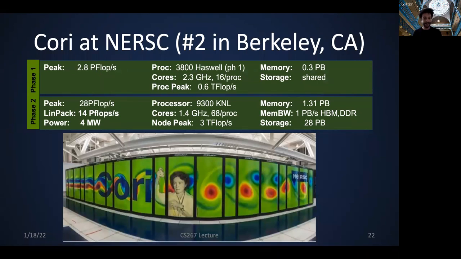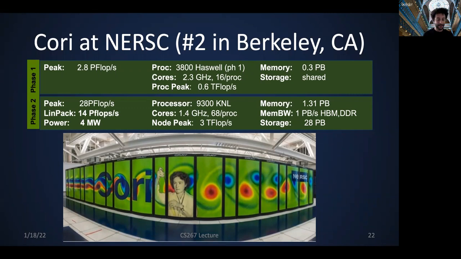The Cori NERSC machine that you're going to be using is not even #1 in Berkeley. I used to say #1 in Berkeley, but we now have Perlmutter. It's #1 in Berkeley among the ones the public can access today. And it has 2 so-called phases. We no longer call them phases, actually. It's just 2 pieces of this machine.